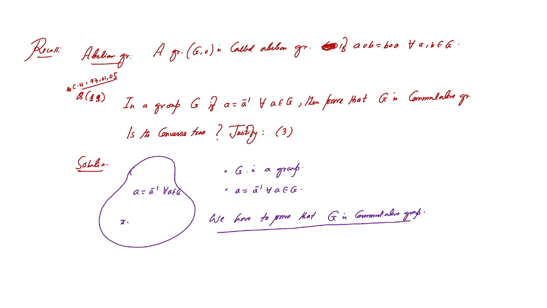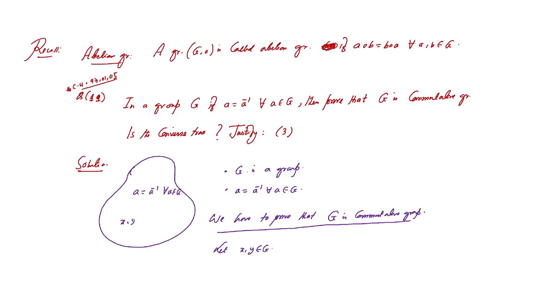So we'll take two elements. Let x, y belongs to G. What we have to show? We have to show xy equals yx for all x, y belongs to G. Okay, this is our target.